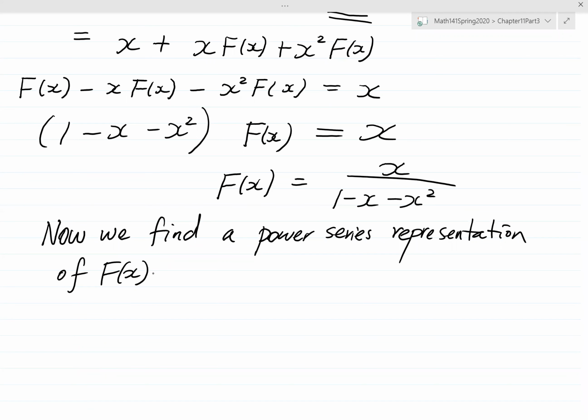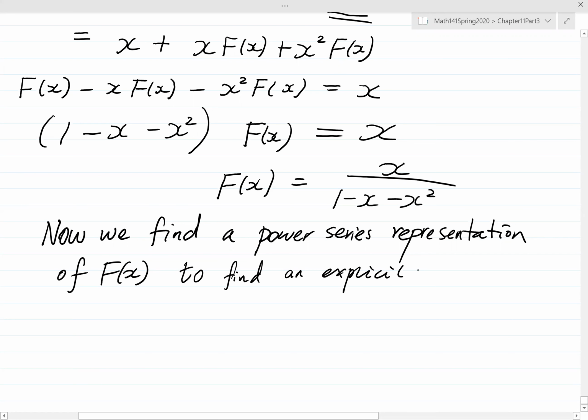Remember, the generating function is a power series, and we define its coefficients to be the Fibonacci numbers. If we get a power series explicitly for capital F, then we recover an explicit formula for F_n, the Fibonacci sequence.